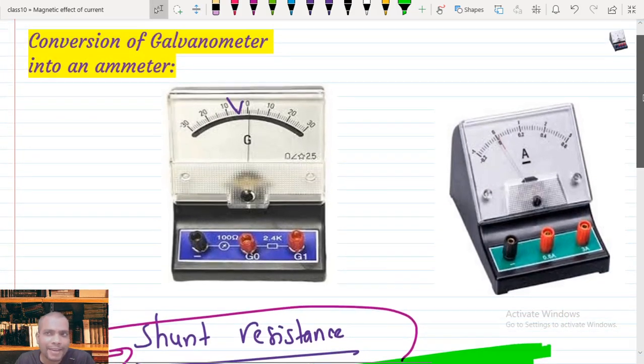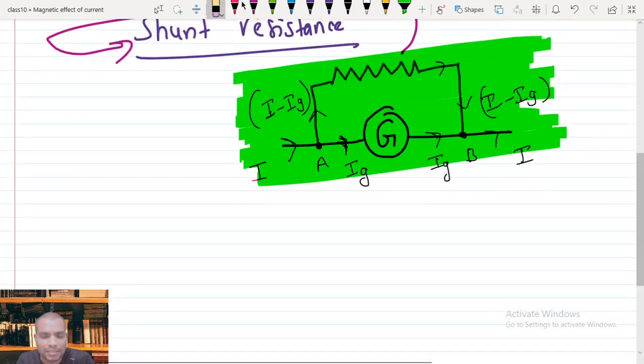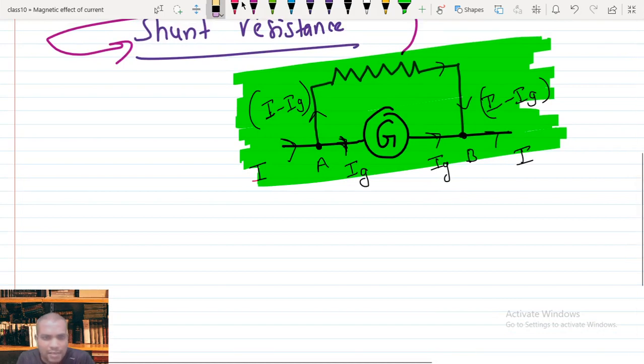Suppose in your hand you don't have an ammeter of the 0 to 10 ampere range, but in the given circuit you need to measure a 10 ampere current. If you have any galvanometer with you, we can convert it.